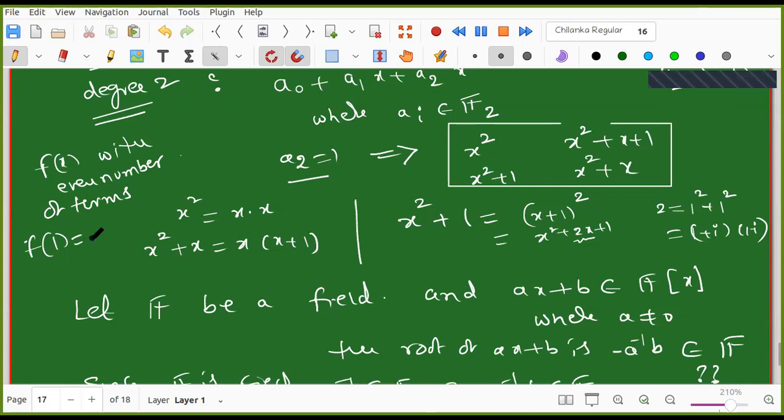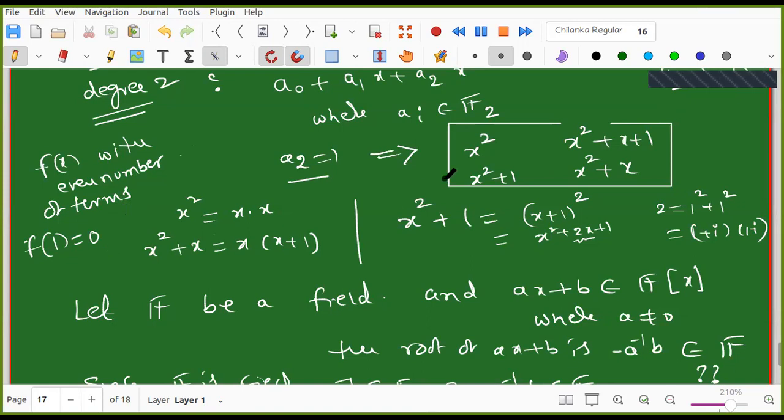It will be 0, right? Because I'm substituting 1, and it is 1 plus 1 plus 1 plus 1 an even number of times, so it is equal to 0. So it is never irreducible; it is always reducible. So in F2, you take any polynomial with an even number of terms, not even degree, sorry, then it is reducible. I'm not talking about the degree, I'm talking about the number of terms.